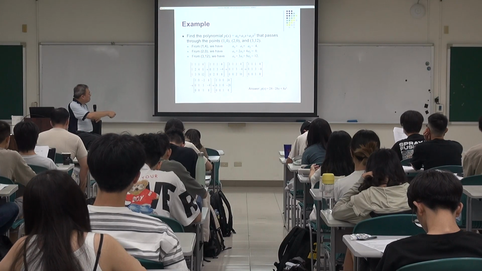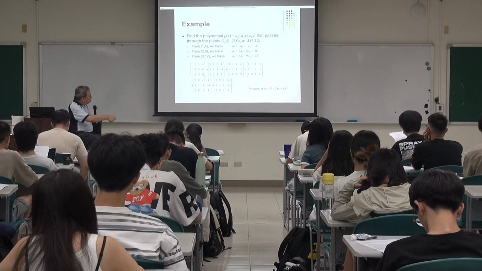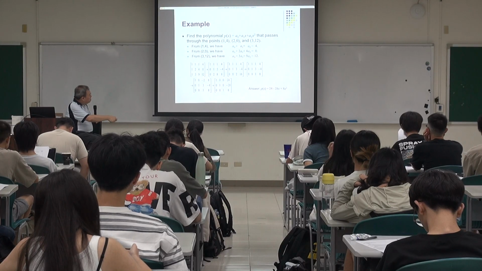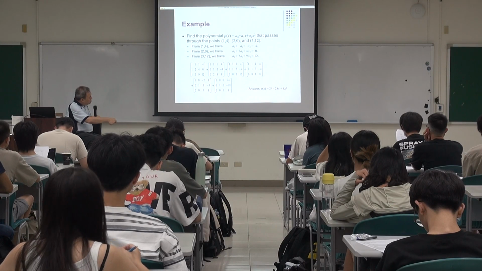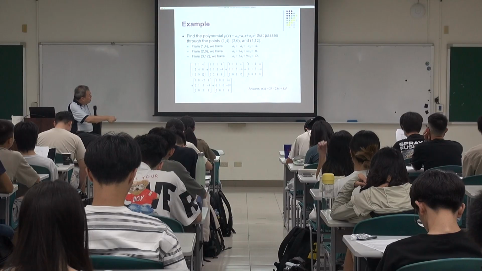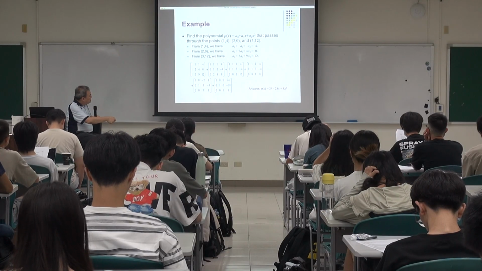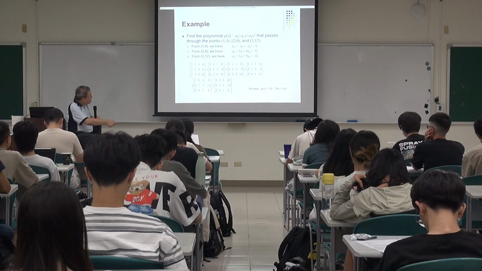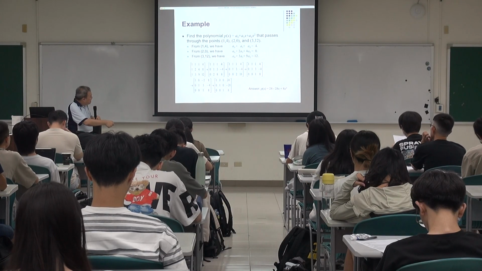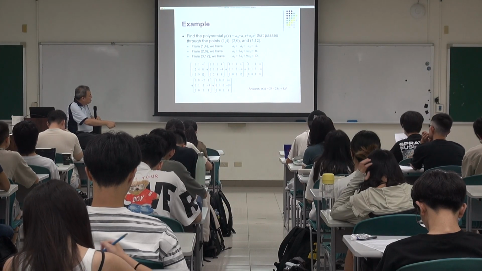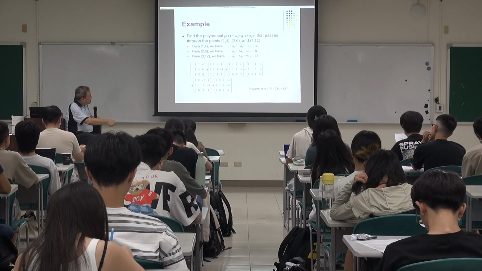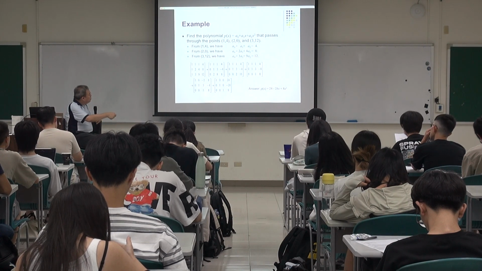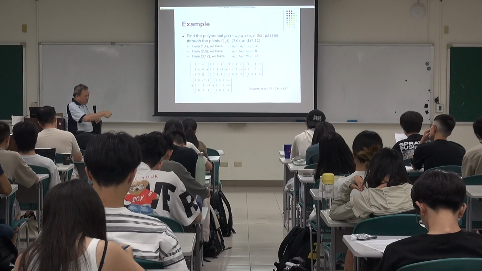This is actually Gauss-Jordan elimination because you eventually convert it into a reduced form. So you have a0 to be 24, a1 to be minus 28, a2 to be 8. So your polynomial is like that. It will go through these 3 points.